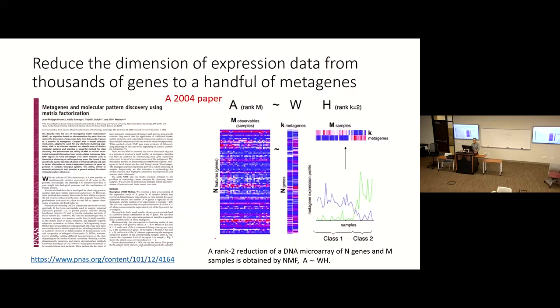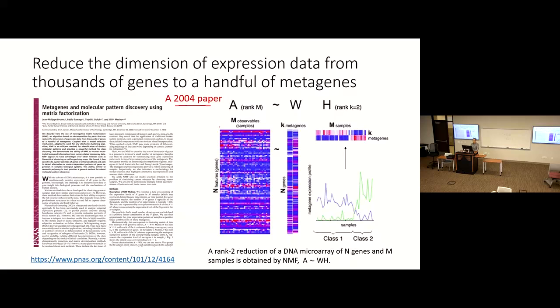This is one example of a real early application of NMF in gene expression analysis. This is a paper published in PNAS, the Proceedings of the National Academy of Sciences. In this 2004 paper, they started to use NMF to decompose a gene expression matrix.